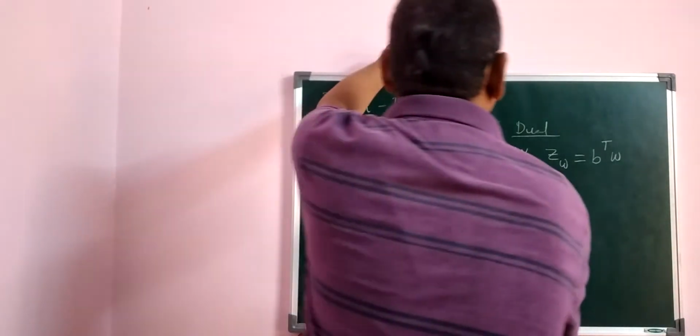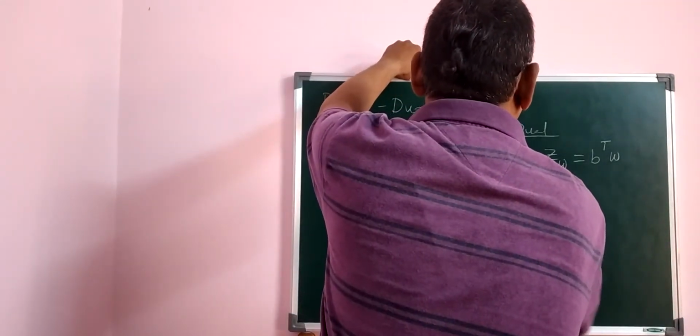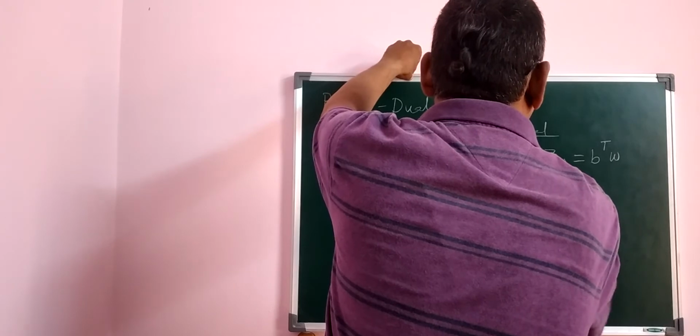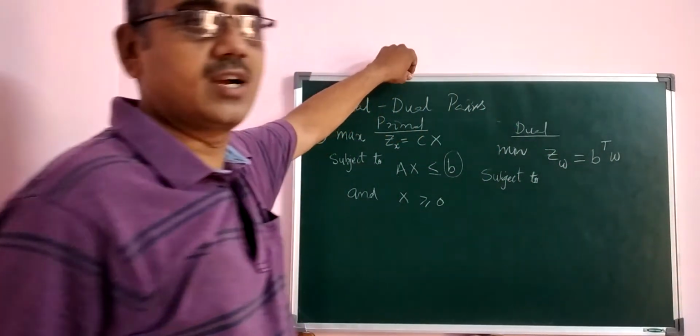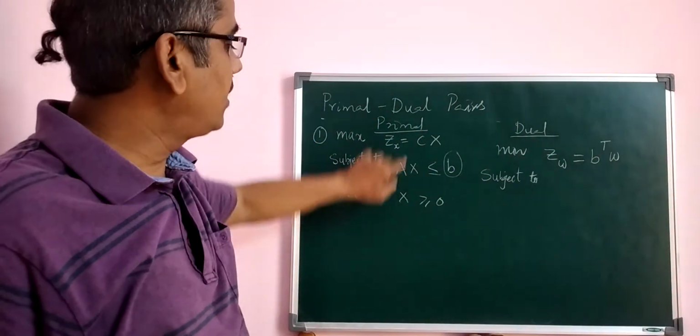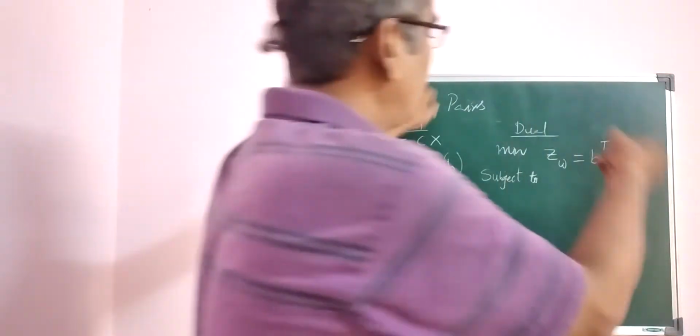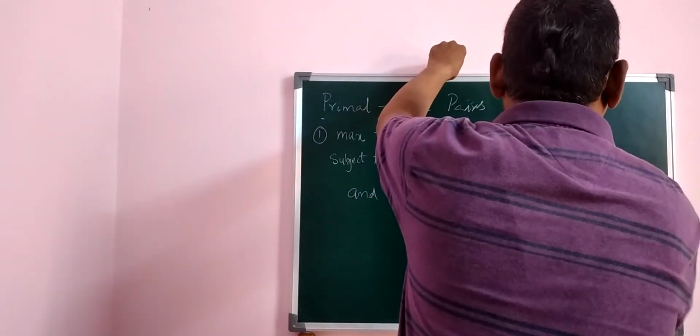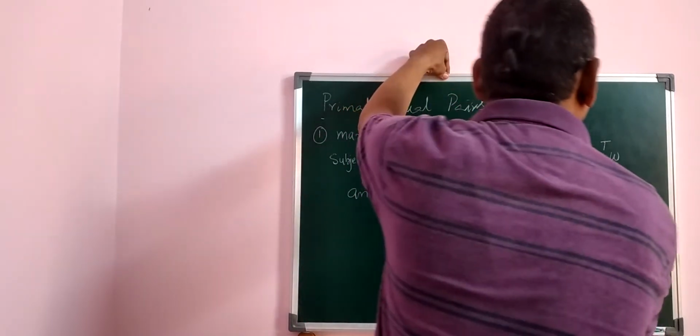Next, subject to the constraints. The coefficient matrix A becomes A transpose in the dual, so it is A transpose omega.